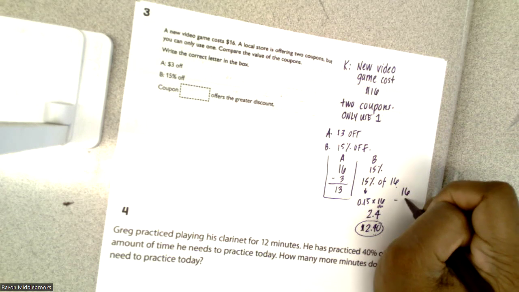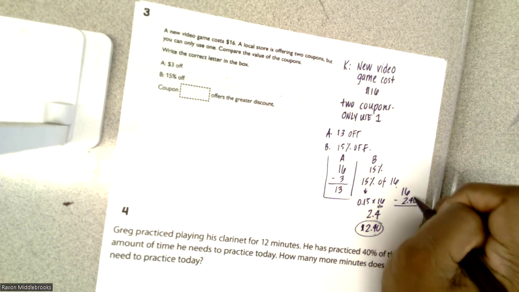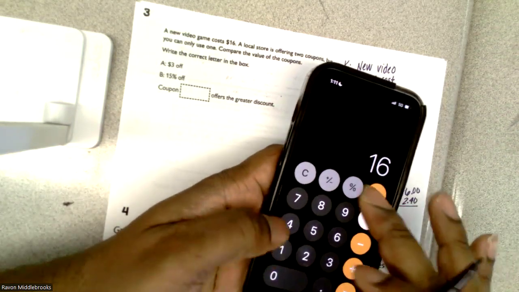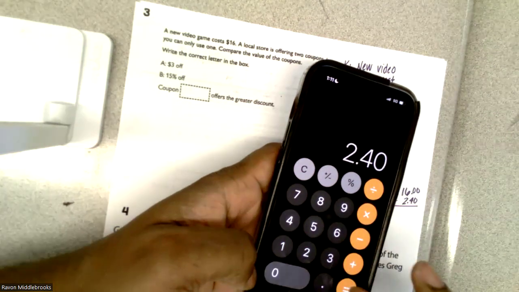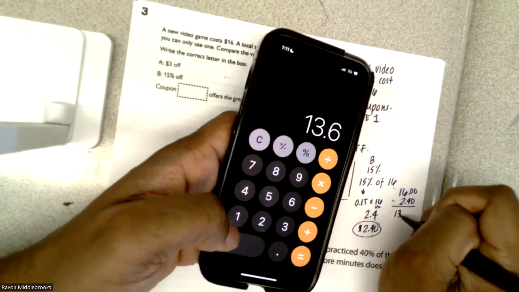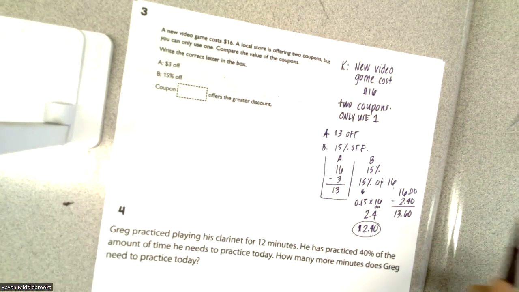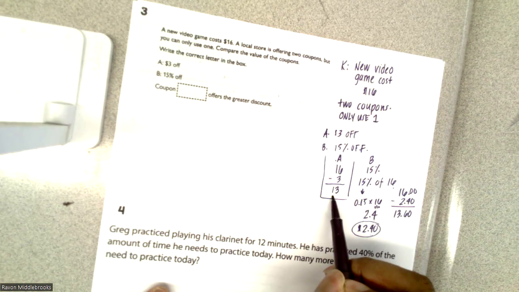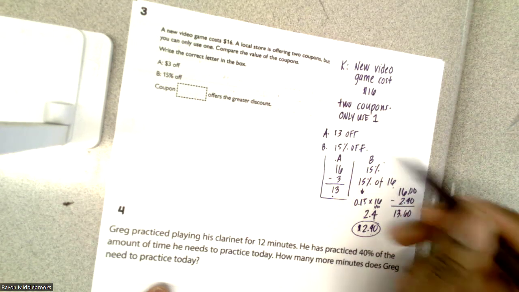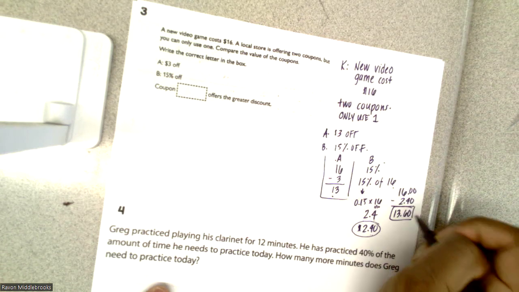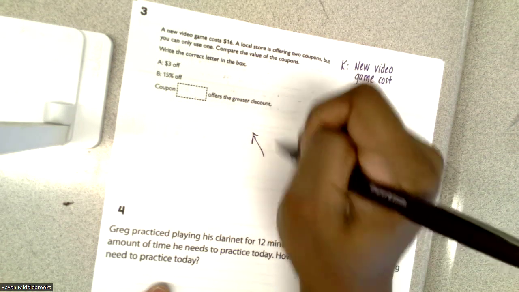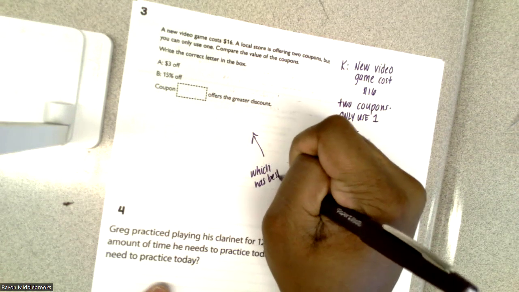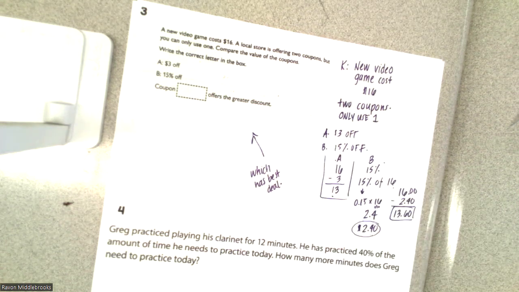So $16 minus $2.40 is $13.60. So if you use coupon A, it's $13. If you use coupon B, it's $13.60. Which has the best deal? Go ahead and solve that.